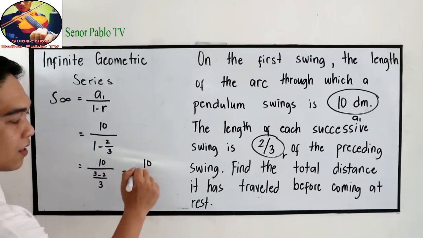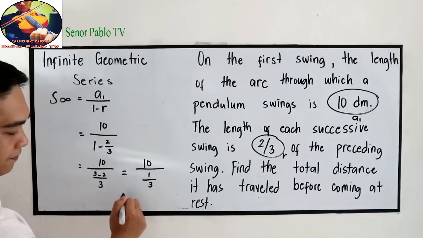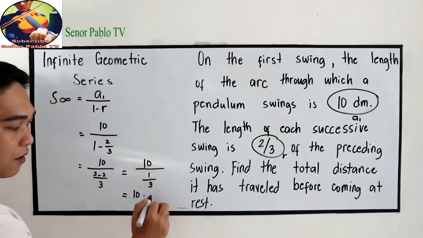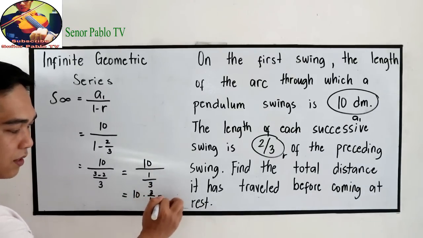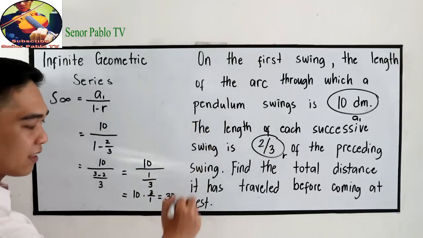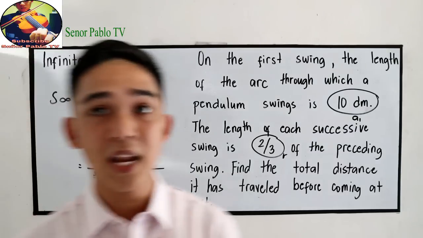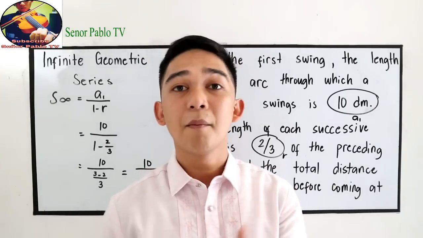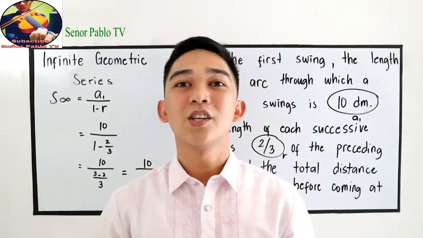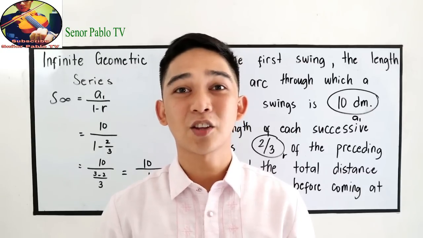So, then, over 3 minus 2, that is 1/3. Copy the numerator times the reciprocal of the denominator, 3 over 1. So, 10 times 3, that is 30. Ang unit natin, dm. So, mag-travel siya ng total ng 30 decimeter bago siya huminto. So, yan ang infinite geometric series. So, tapos na tayo sa lesson 2.